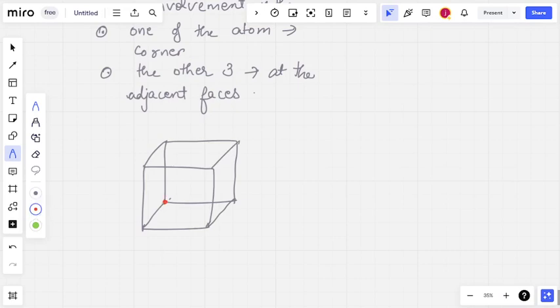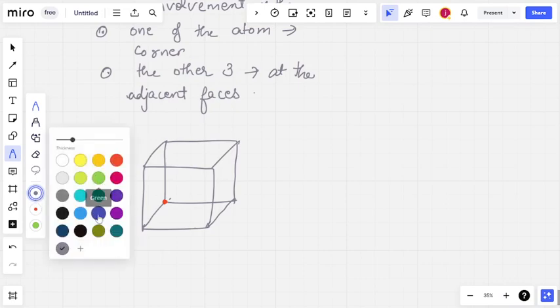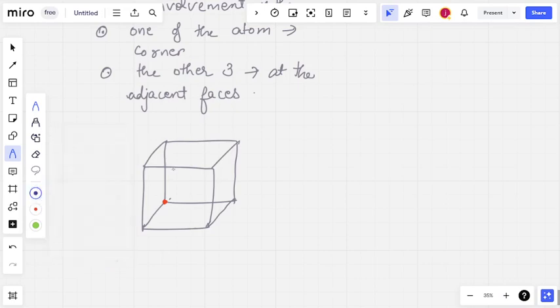One atom is at the corner and the other 3 are at the adjacent faces. This face, this face and this face. This is the back face.